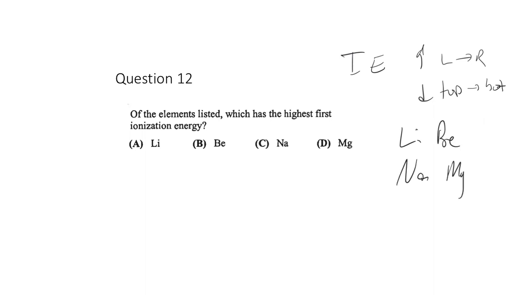Sodium, magnesium. And so for the first ionization energy, magnesium is higher than sodium, but beryllium is higher because it's higher up. Beryllium is higher than lithium, and then lithium is higher than sodium. And so the lowest would be sodium, and then the highest is going to be beryllium.